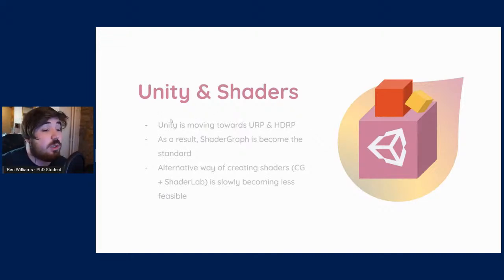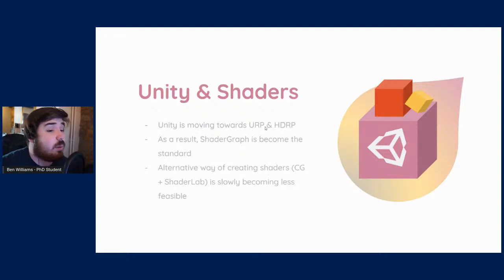But Unity is moving towards this thing called URP and HDRP, the scriptable render pipelines. URP is the universal render pipeline, and HDRP is the high definition render pipeline. HDRP is for really high fidelity photorealistic scenes. URP is basically for games, really.